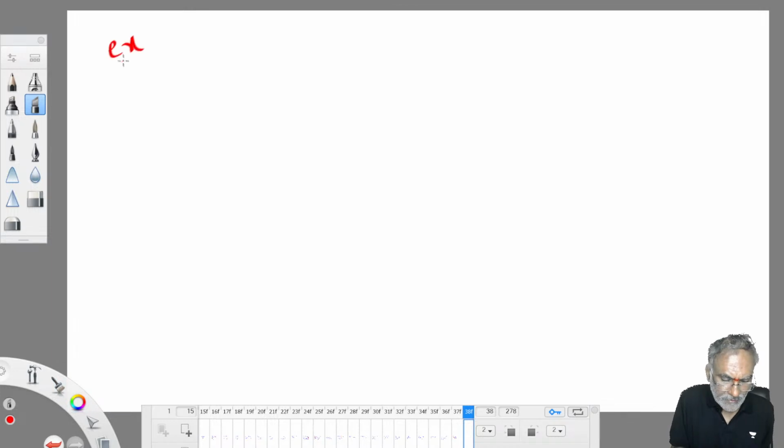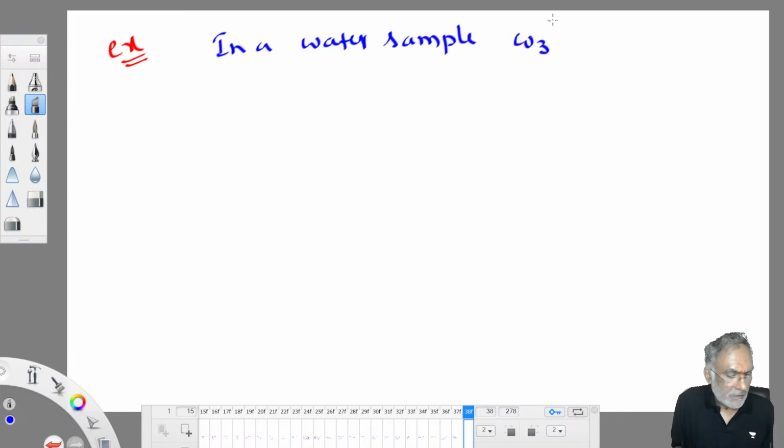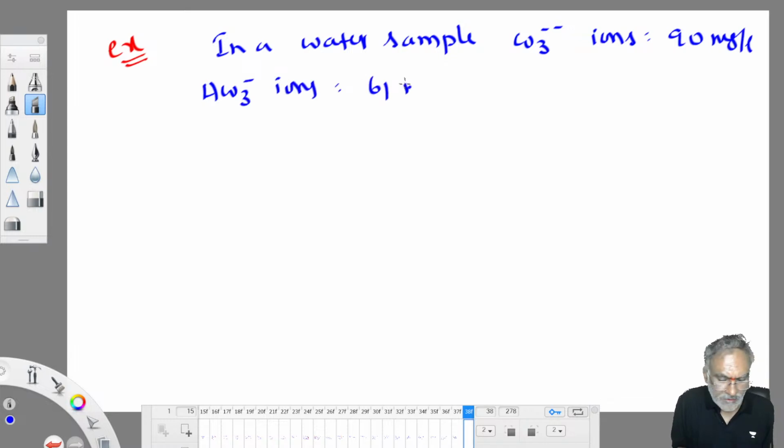Example, the water sample has carbonate ions equal to 90 milligram per liter, bicarbonate ions equal to 61 milligram per liter.